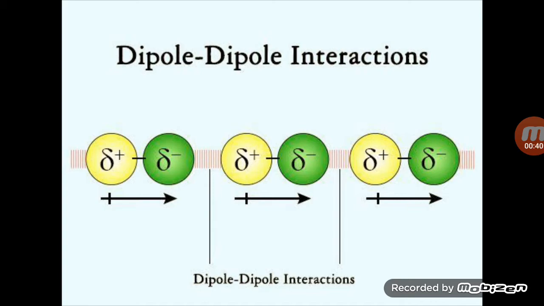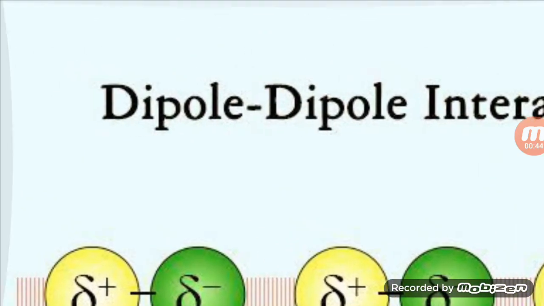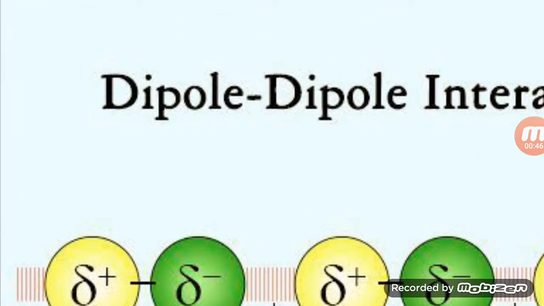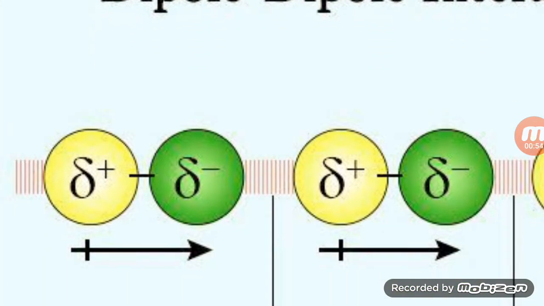Okay, the word dipole interaction. Just focus on this word dipole, like having two poles, and two poles will be created because of some differences. Here you can see that poles have been created because of the difference in electronegativity.